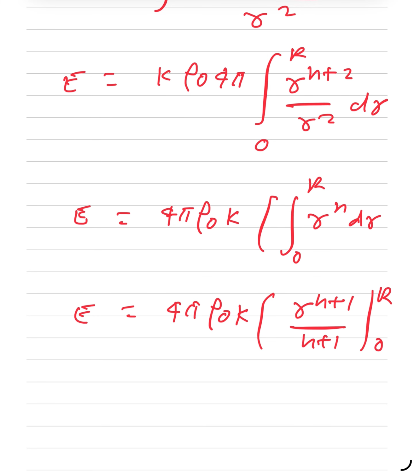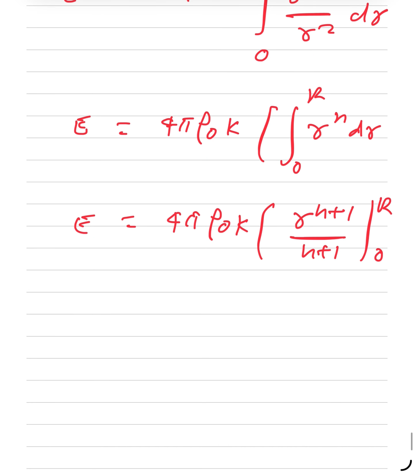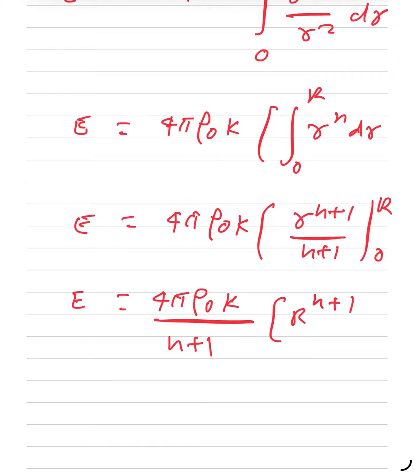Using limit 0 to capital R, E equals 4 pi rho naught k divided by n plus 1 times r power n plus 1.